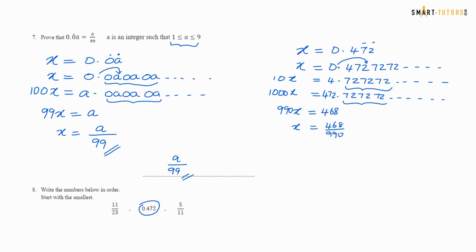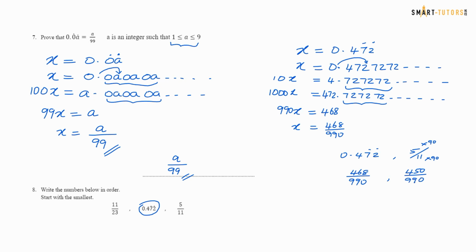So how can we make it as a recurring decimal equivalent fraction? We already found 0.47 recurring, 2 recurring is equal to 468 over 990. Then the next number, 5 upon 11, I'm going to multiply by 90 on the bottom and by 90 on the top, right? So 450 on the top, 990.